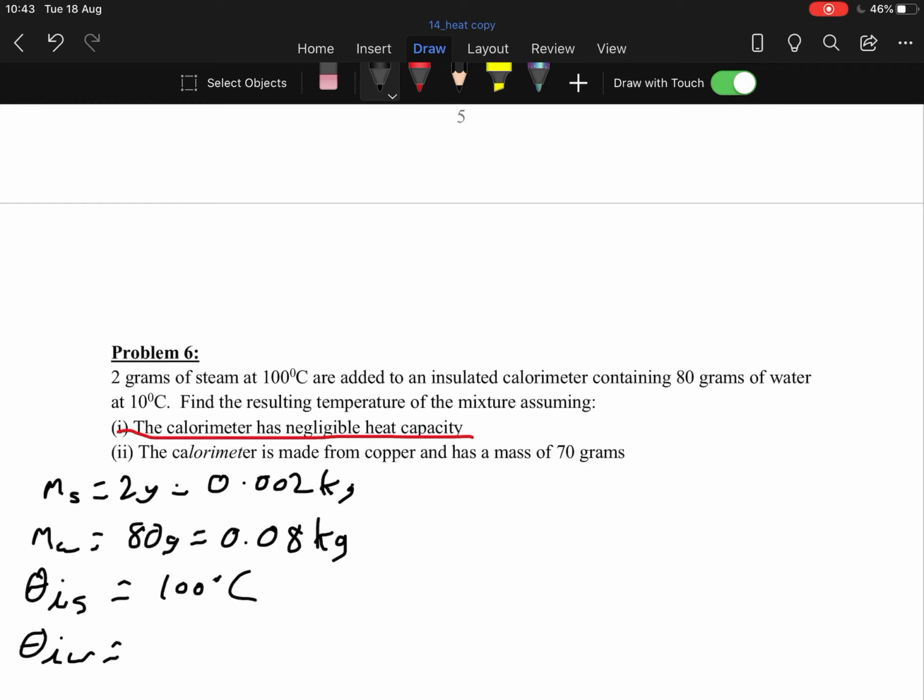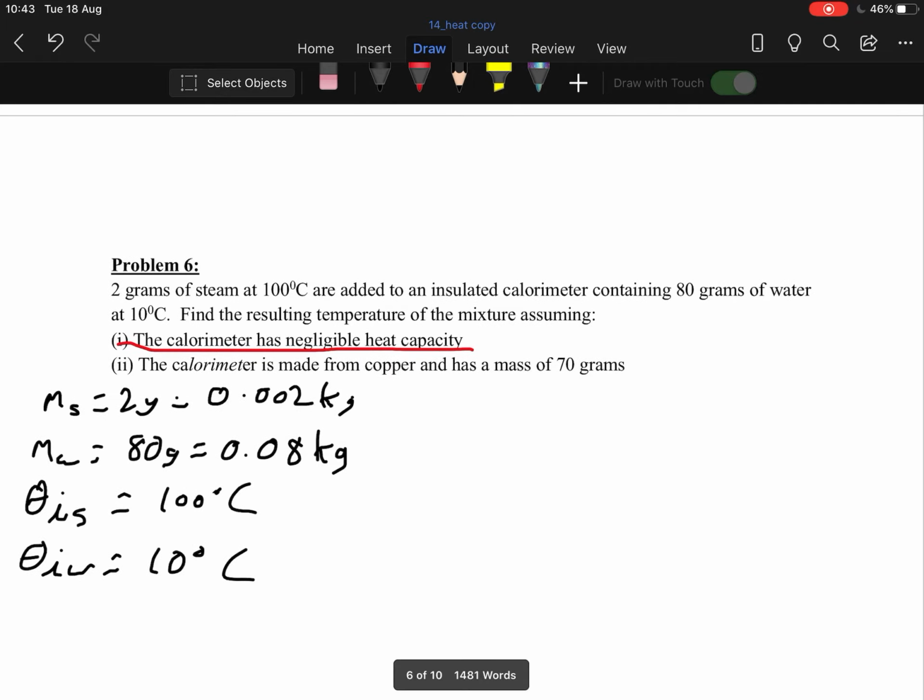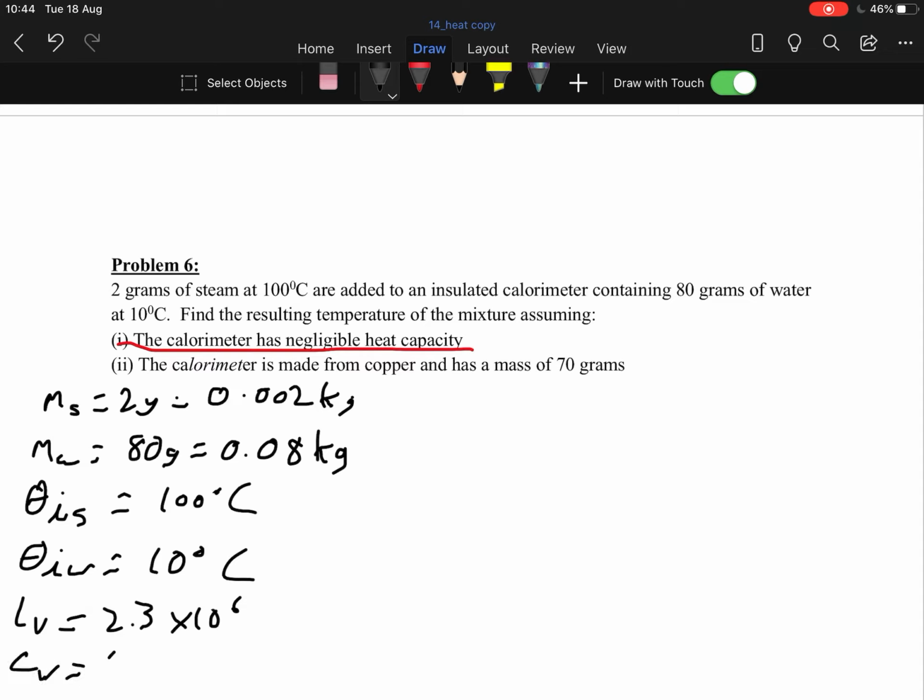Initial temperature of the water, 10 degrees Celsius. And the heat capacities, so now we need extra values, sorry. Latent heat of vaporization, 2.3 by 10 to the 6. Heat capacity of water, 4180. I think that's everything. Okay, so we have all our values there.